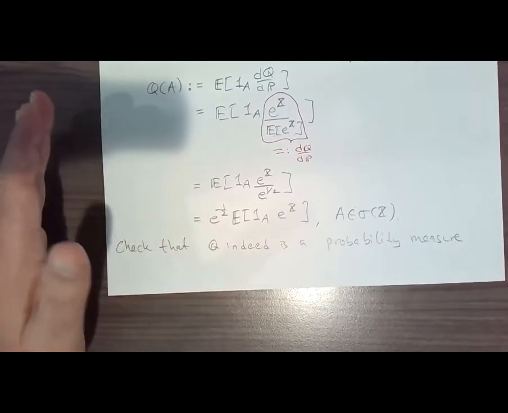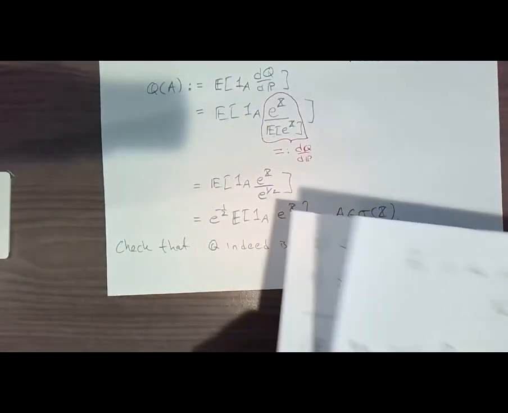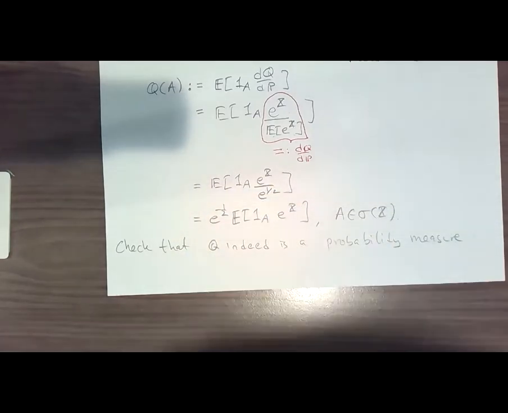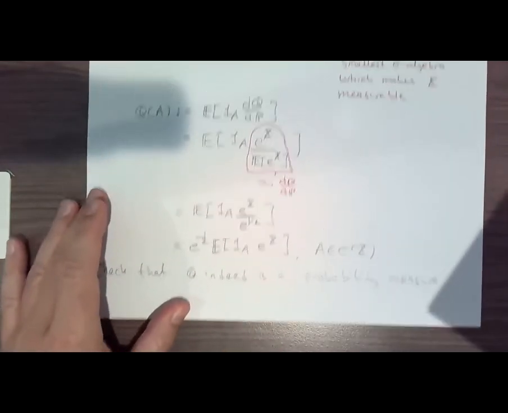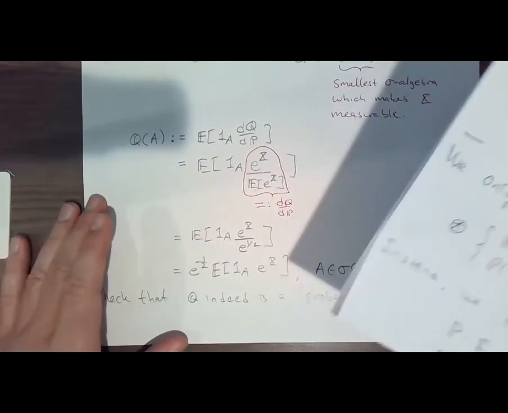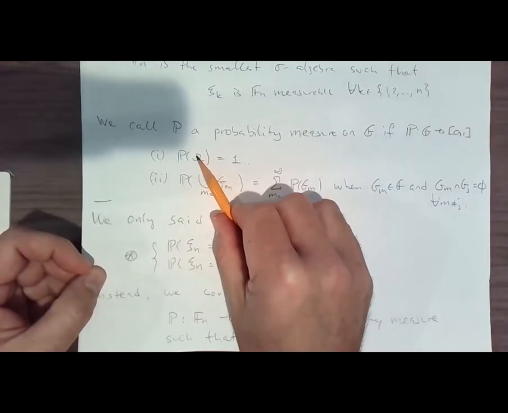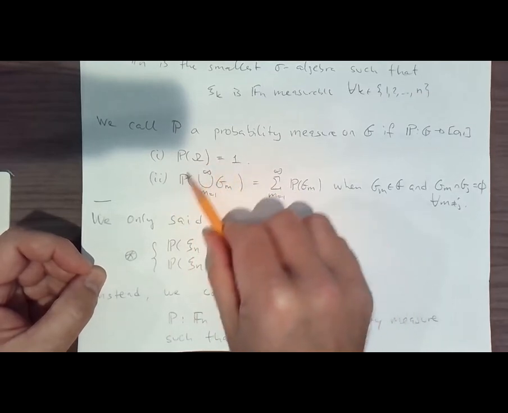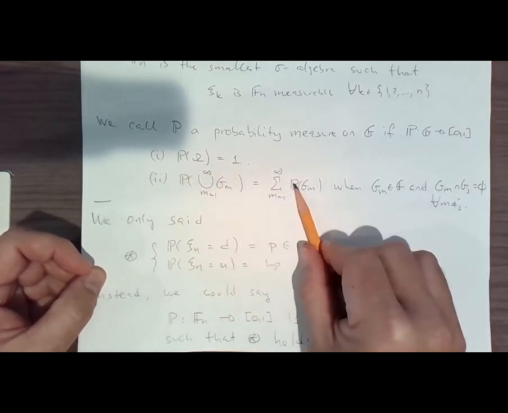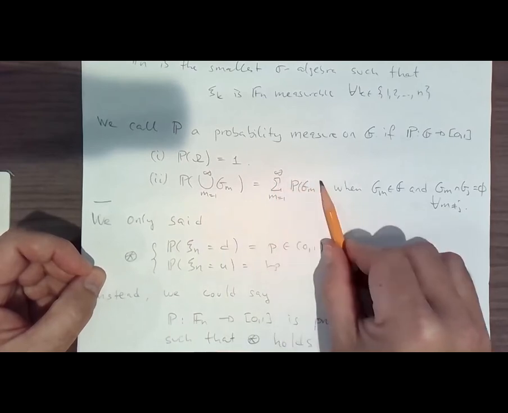I said over the two properties from slide 2. There were two properties we have to check, that this new creation here indeed is a probability measure. When I evaluate the object at omega, I get 1. And when I take a disjoint union, I just sum up the individual probabilities.